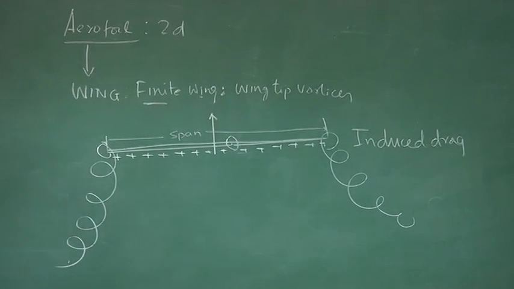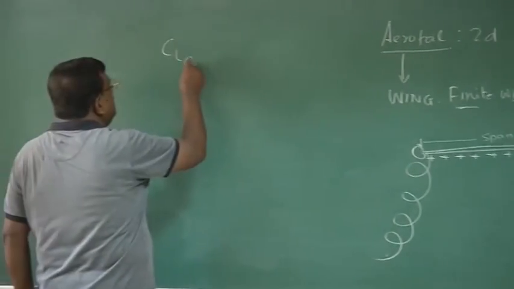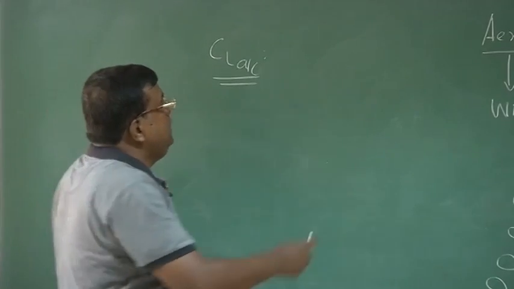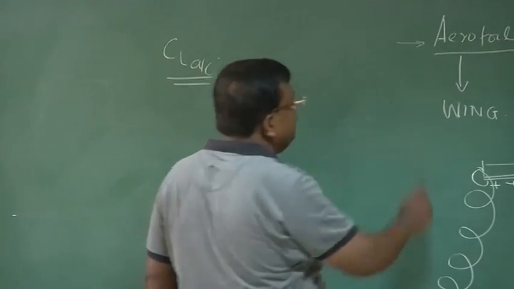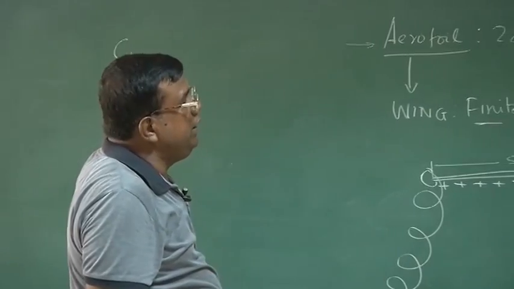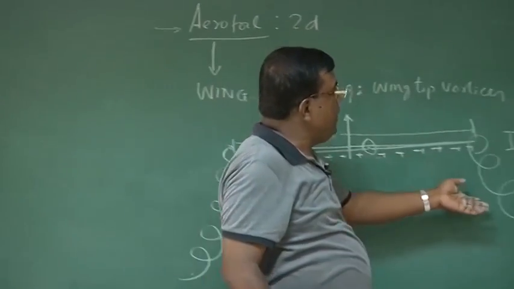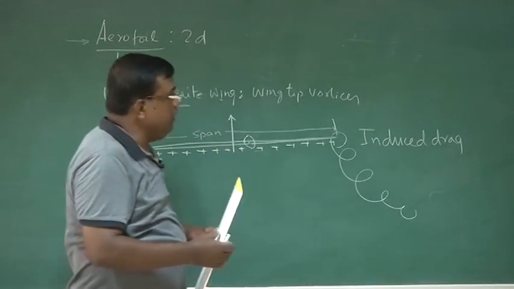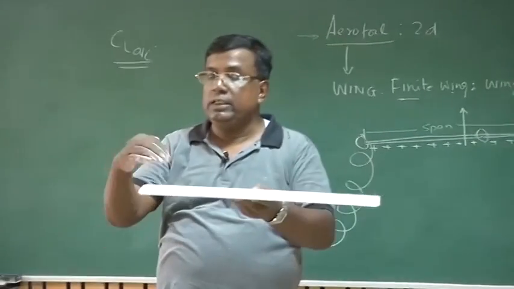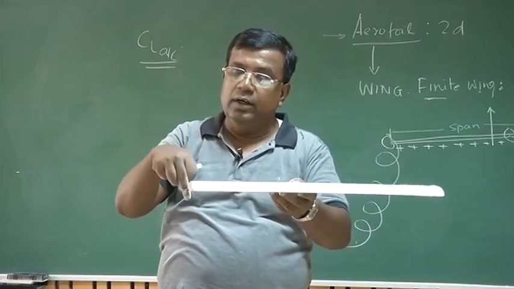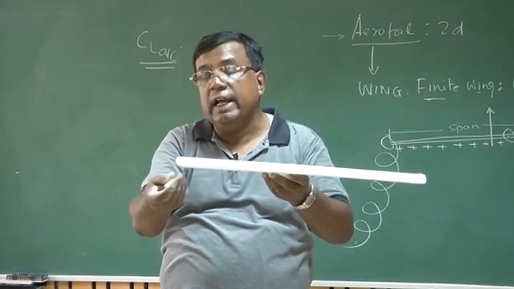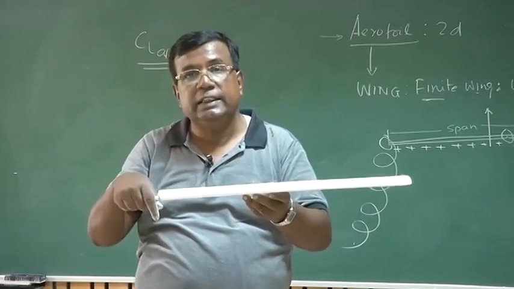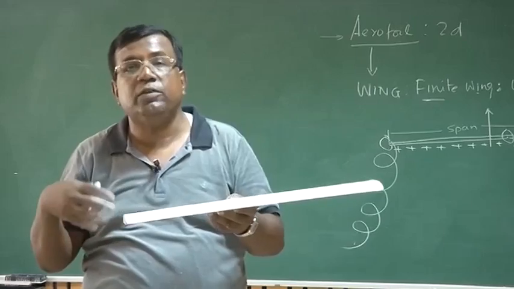Then we use CL for the aircraft. So we started with an aerofoil, where in a finite span wing, we found there are vortices, and because of the vortices there is a drag, and the vortices will be coming like this, so they will be inducing a downward component of velocity, so the local angle of attack at the wing or even at the tail will be changed, will be reduced, so effectiveness will go down.